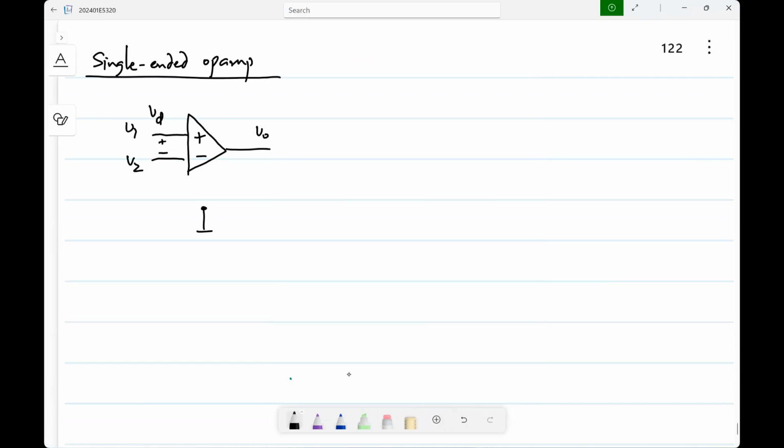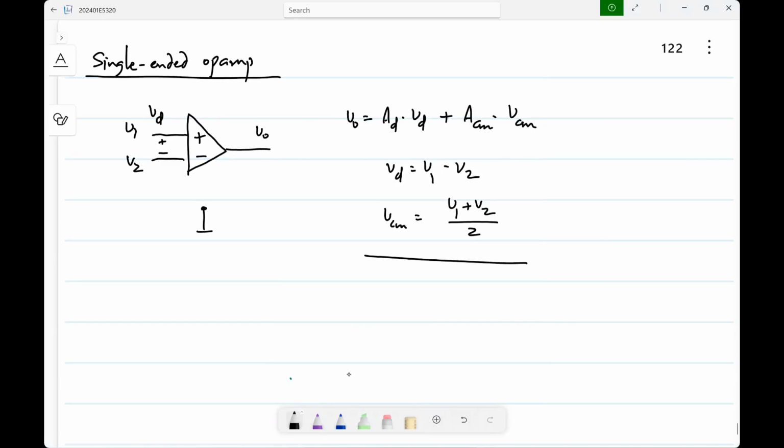It also has a response to the average. We know that V0 is the differential gain times the differential voltage plus the common mode gain times the common mode voltage, where the differential voltage is V1 minus V2 and the common mode voltage is (V1 plus V2) by 2. Okay. So this is a single-ended op-amp.